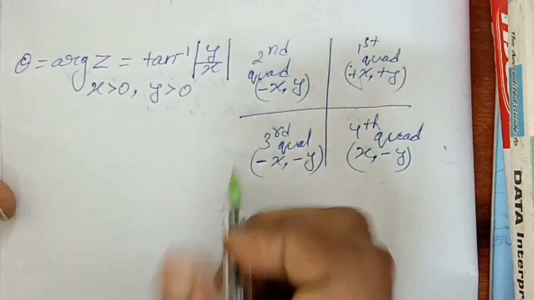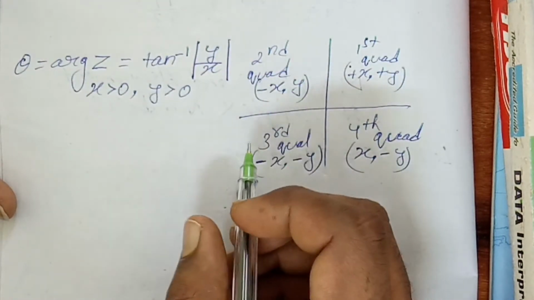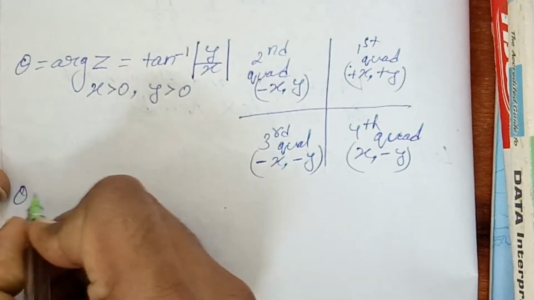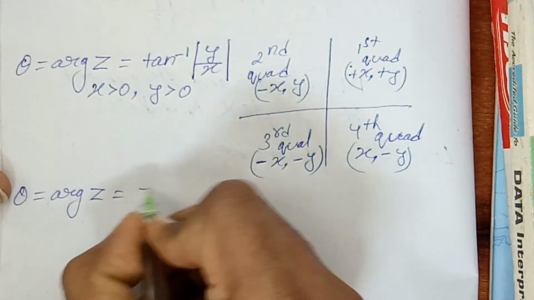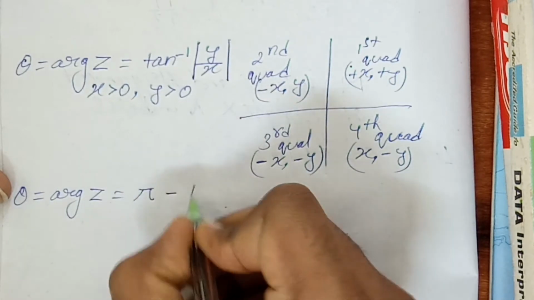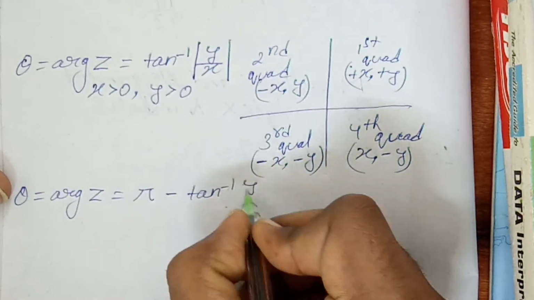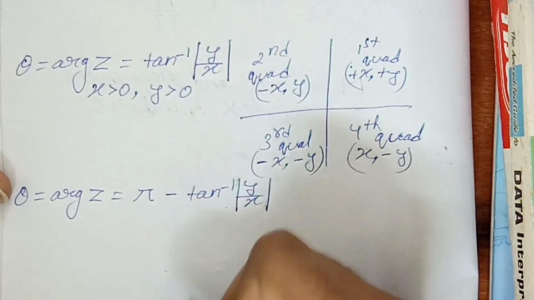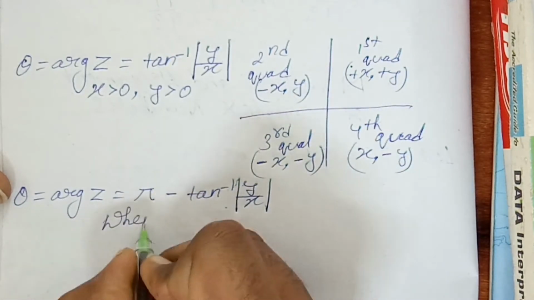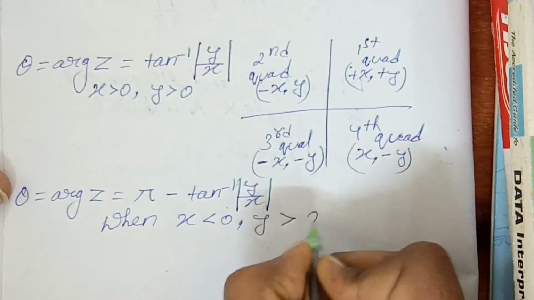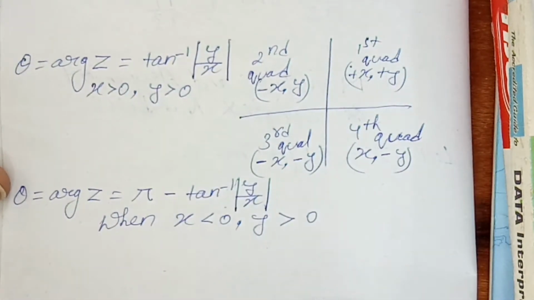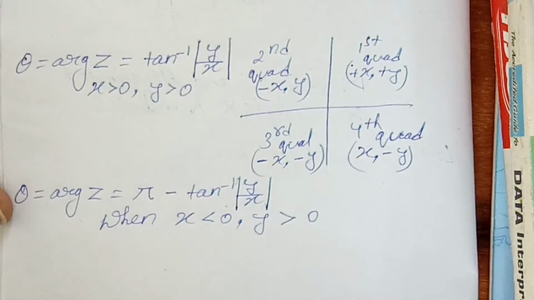Now if x comma y lies in the second quadrant, then theta is equal to argument of z is equal to pi minus tan inverse y by x, when x is less than 0 and y is greater than 0. This is the formula for finding the argument for the second quadrant.